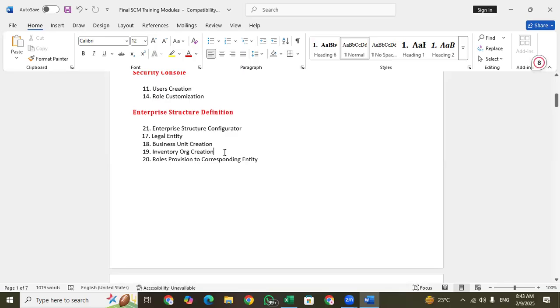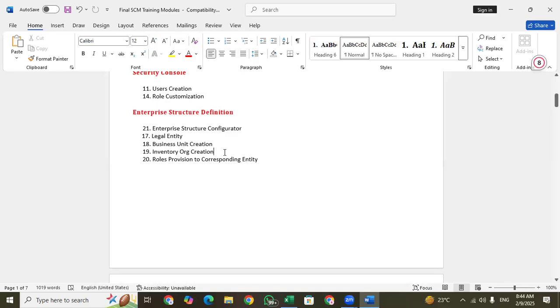For the inventory organizations, again, we have stock related stores. For example, Tata, you can take cars, right? In the showroom, all cars cannot be stored, right?